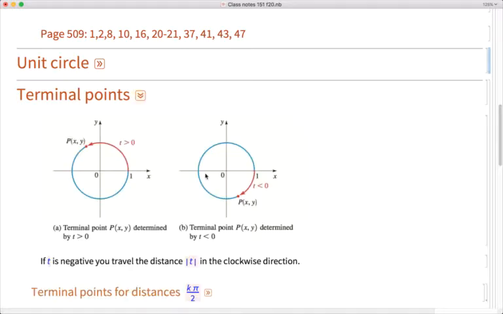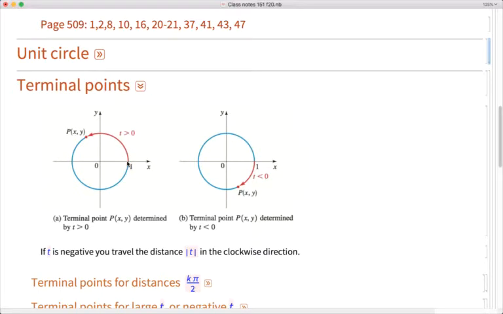We're going to talk about terminal points now. A terminal point on the unit circle is obtained by starting at (1, 0) and traveling a certain distance along the circumference of the circle. So we're going to travel a distance t along the circumference, and where we stop, this point is called the terminal point for the number t.